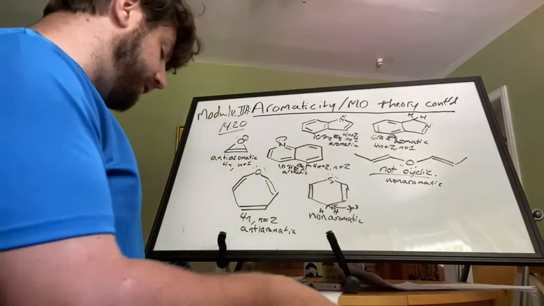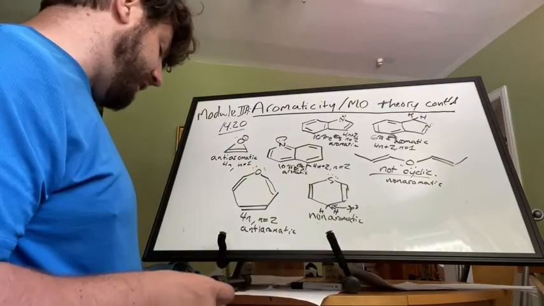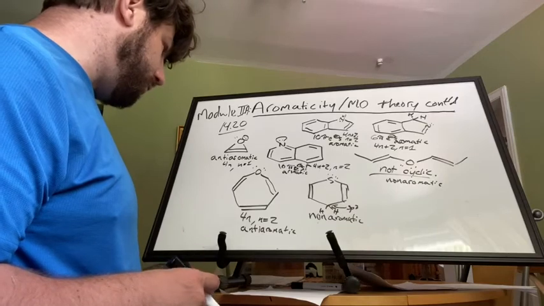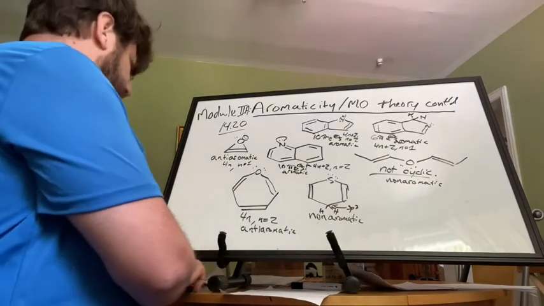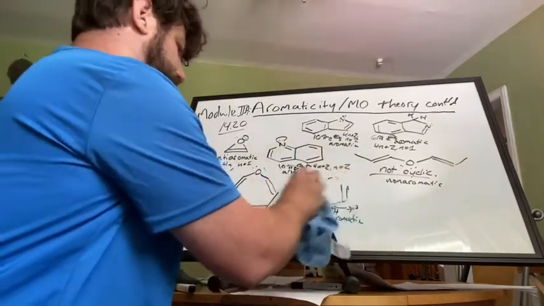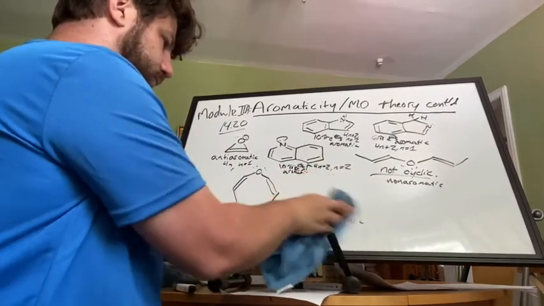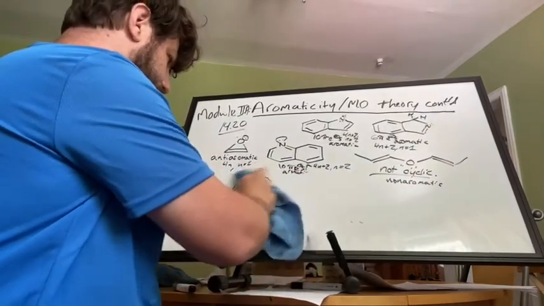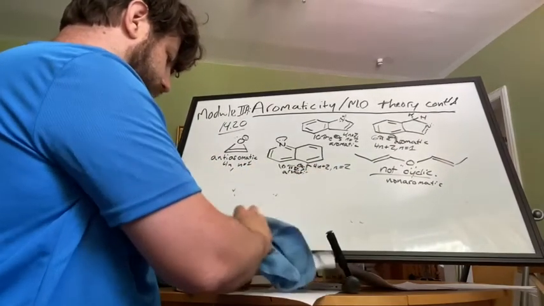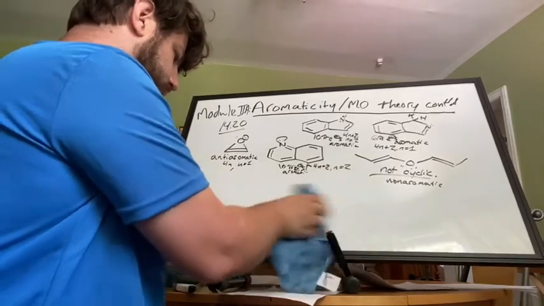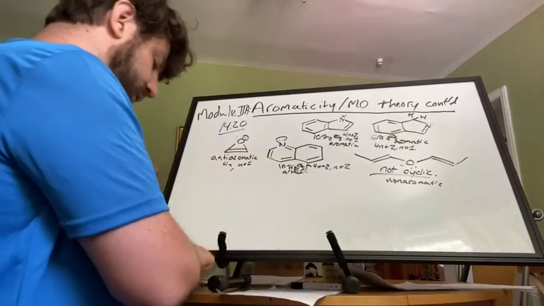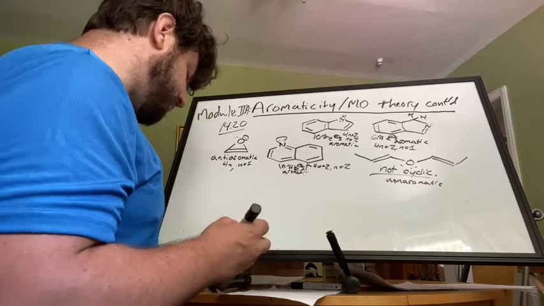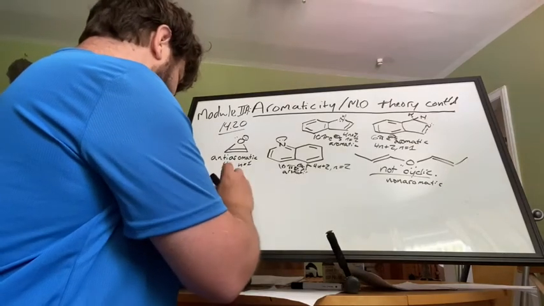Okay, so we'll go over these last couple of examples in your notes, and then we'll wrap things up. Okay, so the first one is a cyclopropene anion.